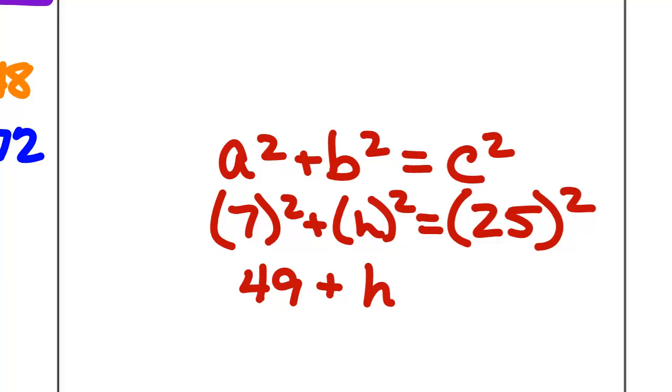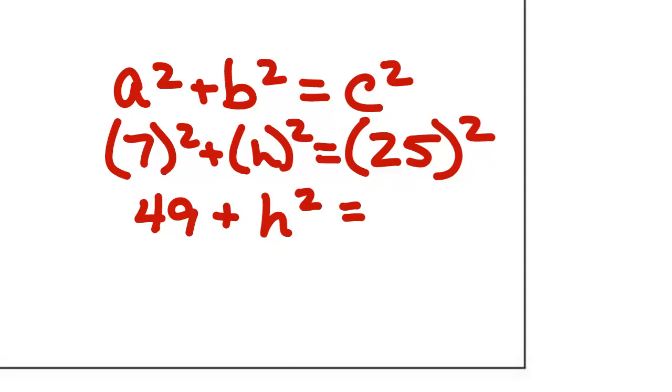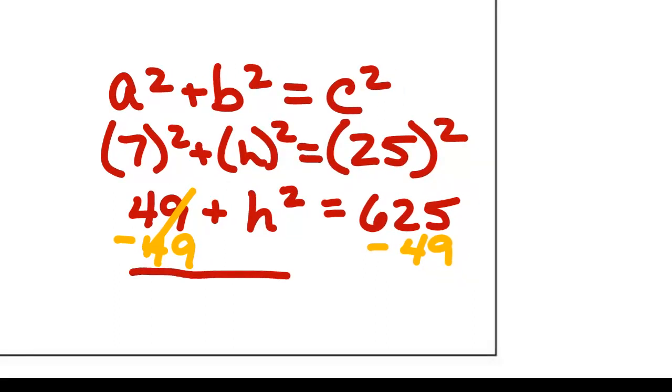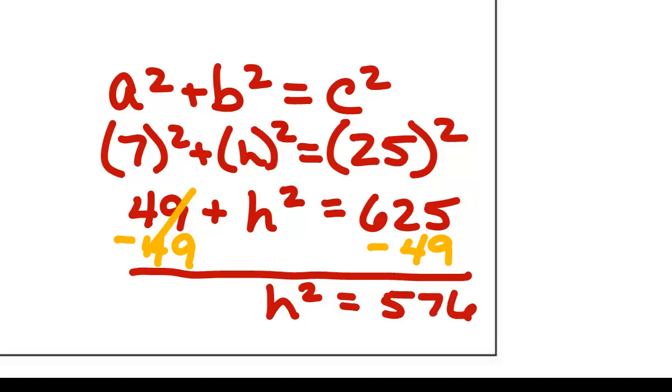So 49 plus h squared equals, what is 25 squared? 625. Then we subtract 49 from both sides. That gives me h squared is equal to 576.